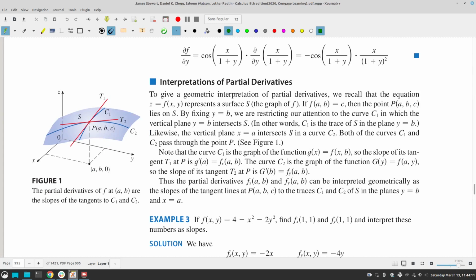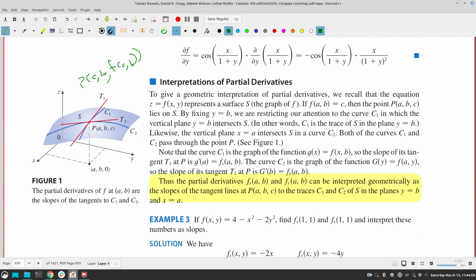So t1 and t2: the partial derivatives f sub x of a, b and f sub y of a, b can be interpreted geometrically as the slopes of the tangent lines at P(a, b, f(a, b)), to the traces C1 and C2 of the planes y equals b and x equals a. So instead of x naught, y naught, they used a, b.